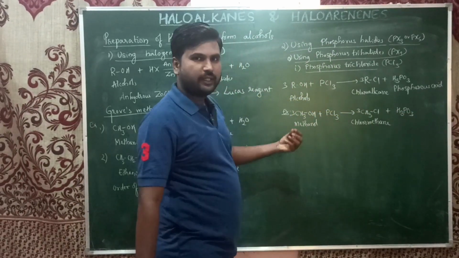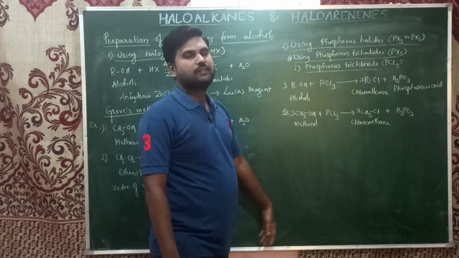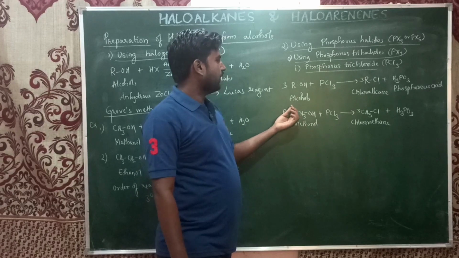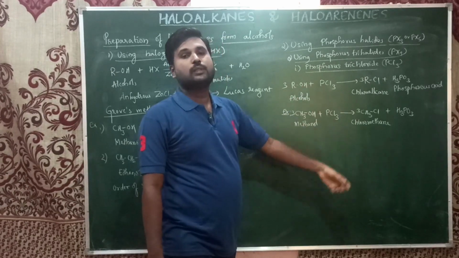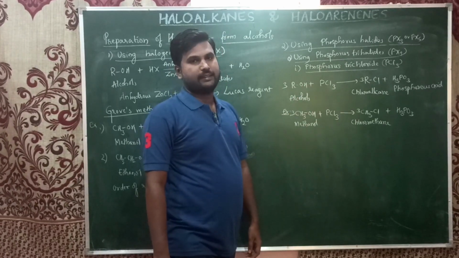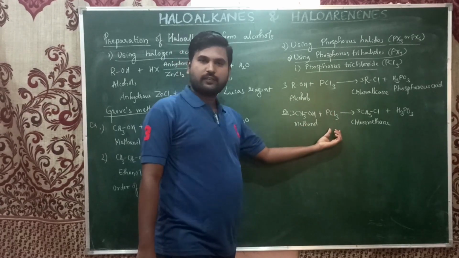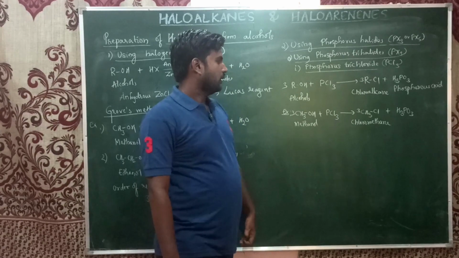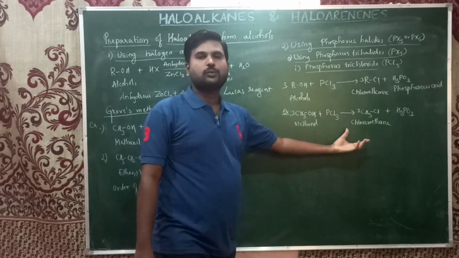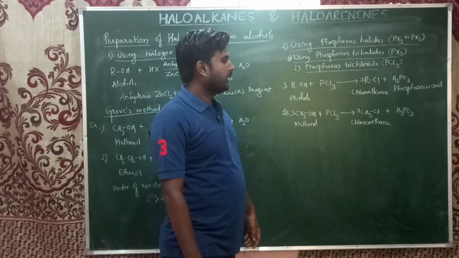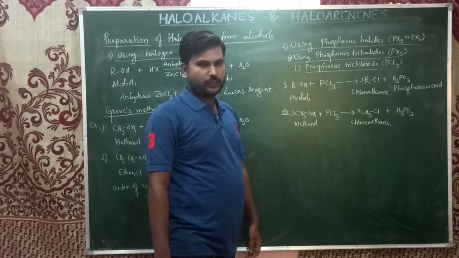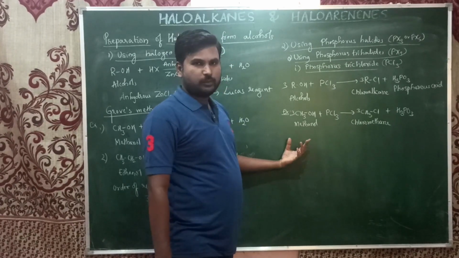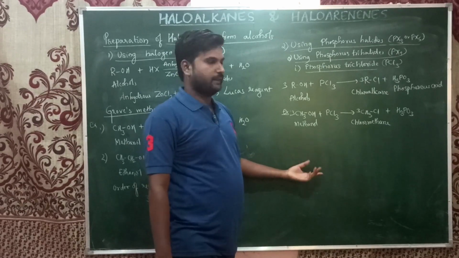This is a very good reagent because using phosphorus trichloride especially, we can convert 3 alcohols into 3 alkyl halides. The reagent required is in a very small amount, which is why it is economical. We get a huge amount of product, about 80%, so it is also a very useful industrial method.